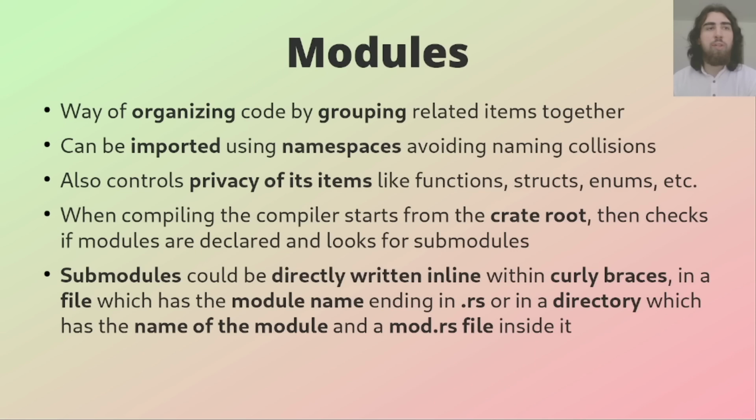It could be written in a separate file which has the module name ending in .rs, or it could be in a separate directory which has the same name as the module and a mod.rs file inside it. And we'll do exercises and you will see how that works.